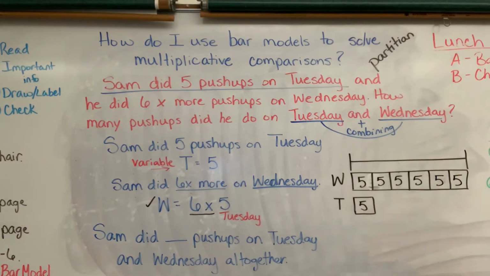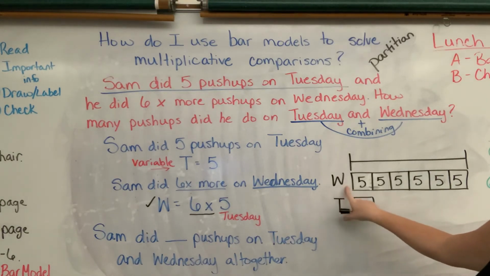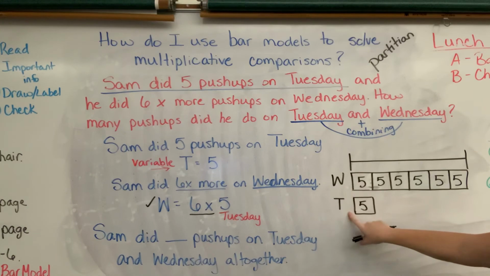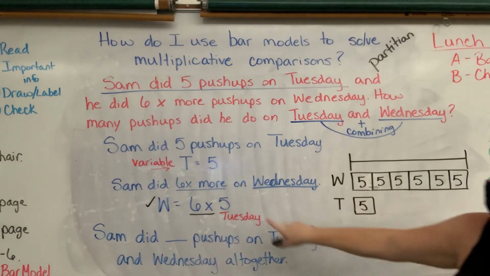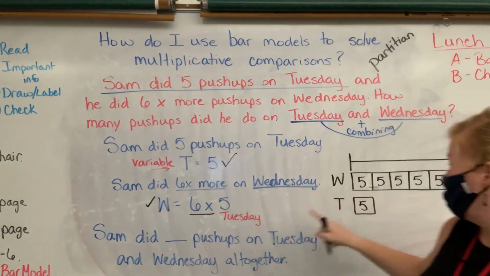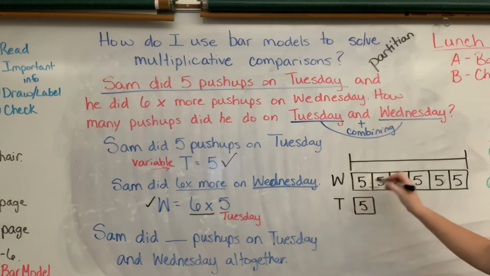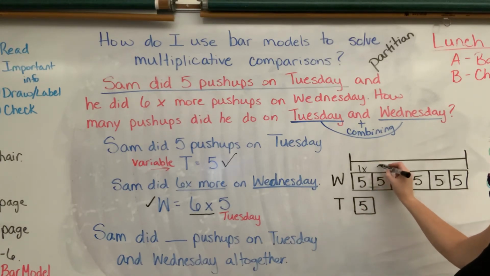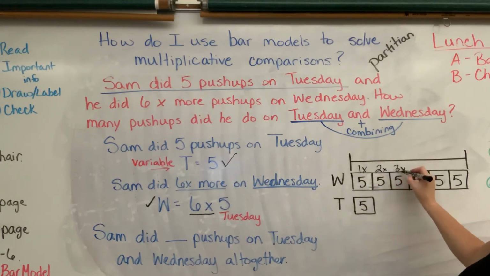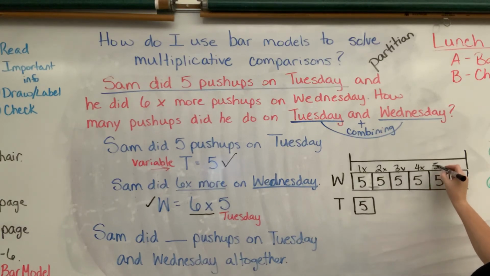Okay? So Wednesday is 6 times greater than Tuesday. Here's Tuesday, which is 5. Wednesday is 6 times greater. It is 1 times, 2 times, 3 times, 4 times, 5 times, 6 times greater.